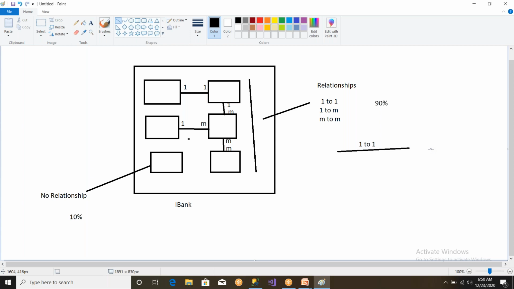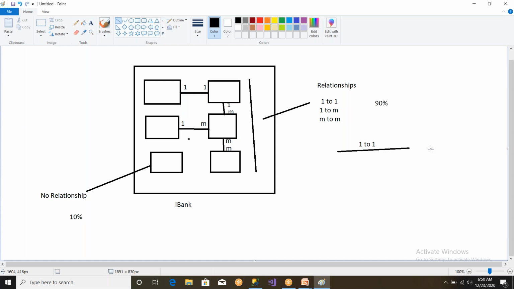Doctor and patient: one doctor can have many patients, and one patient also can have many doctors, right? You may have a dental doctor, heart doctor, kidney doctor, normal physician. So one patient can go to many doctors. It is also many to many relationship, right? One patient, many doctors. One doctor will have many patients.